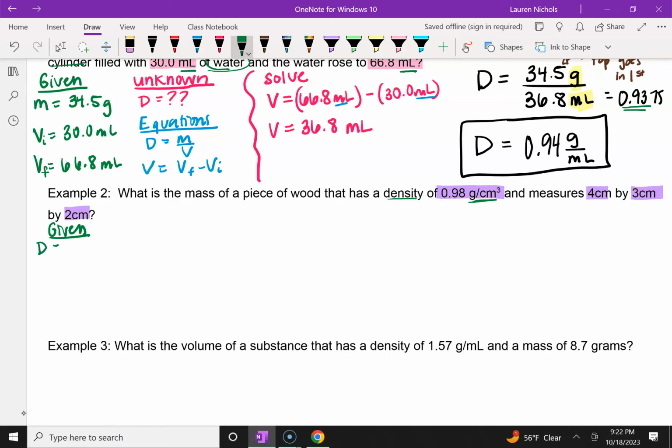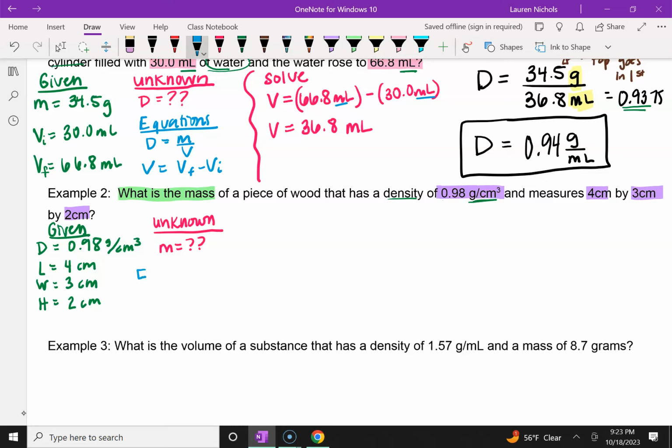So I know I can say that my density is 0.98 grams per centimeter cubed. We see that we're given our measurements. So this means our length, our width, and our height are all given to us here, the dimensions of this piece of wood. Our unknown, the thing that they want to know that's missing, is it says, what is the mass? So that means M for mass is our big missing variable.